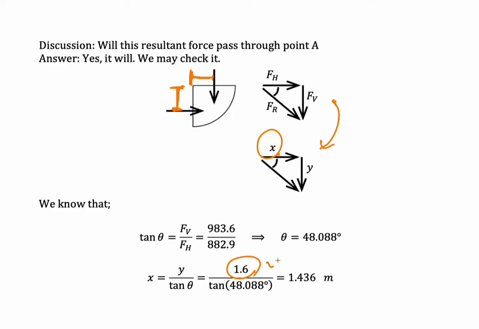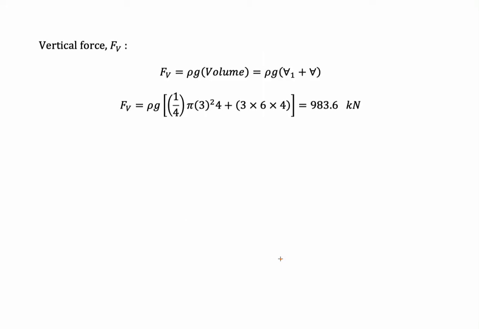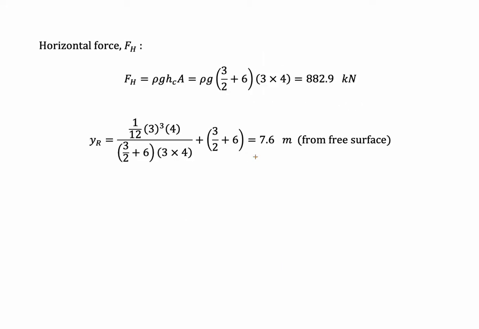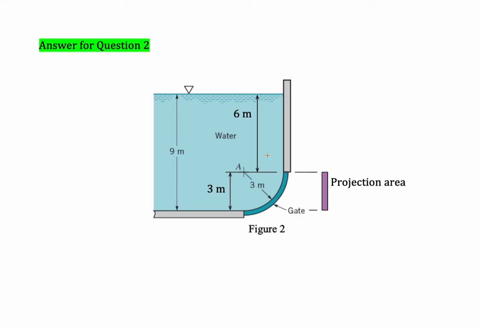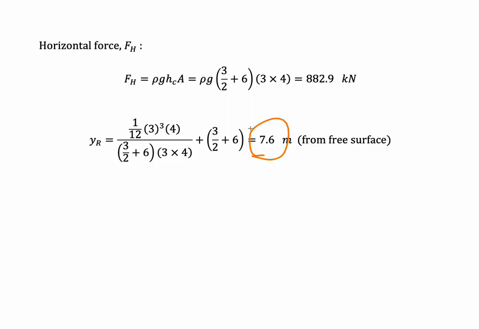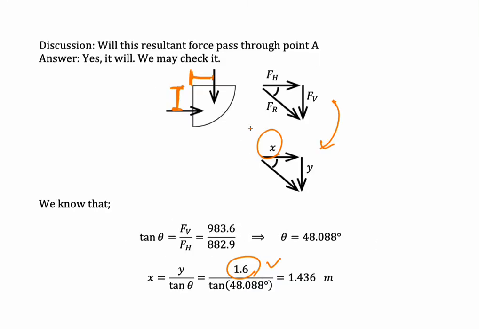Here please be careful, because the 1.6 comes from the calculation of y_R. The y_R here is 7.6, but the 7.6 is from the free surface to the horizontal force. So we only need the distance from the origin here, so we need to deduct 6 meters, and it becomes 1.6. When we substitute the value here, we get x is 1.436 meters.